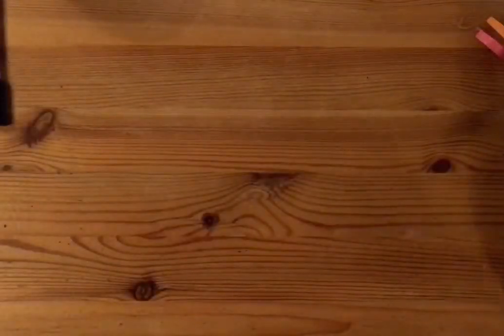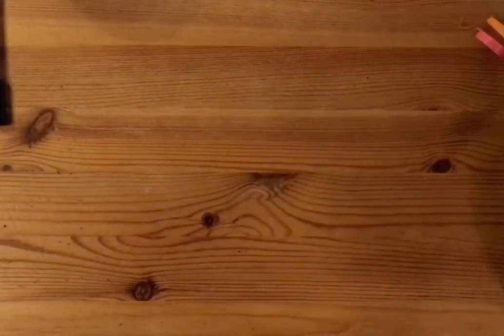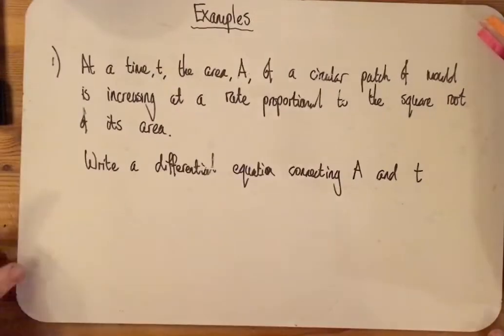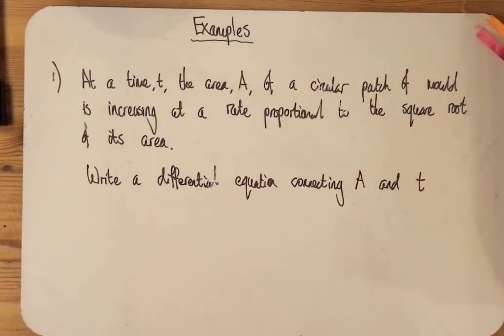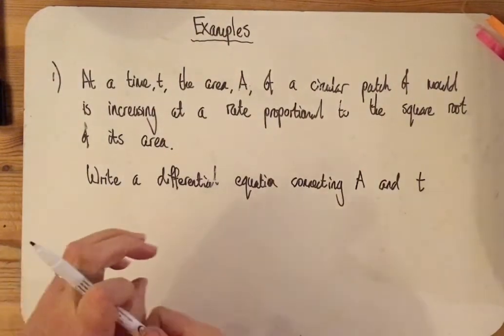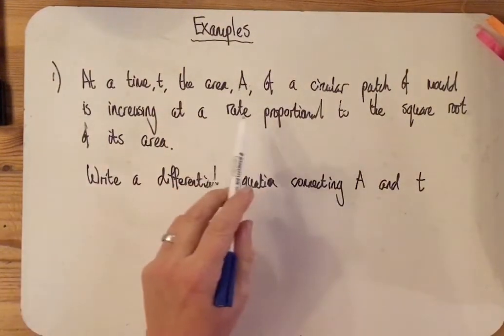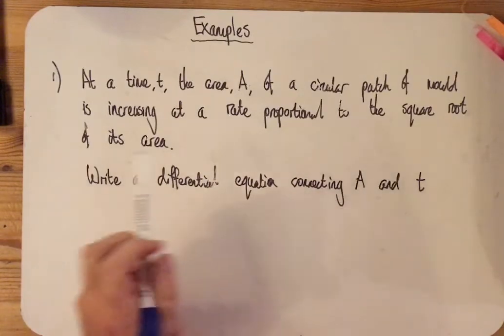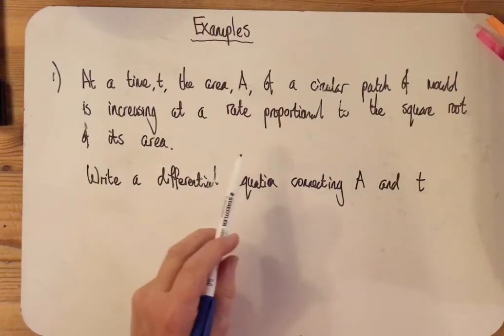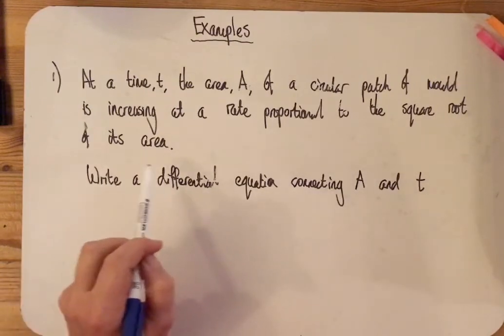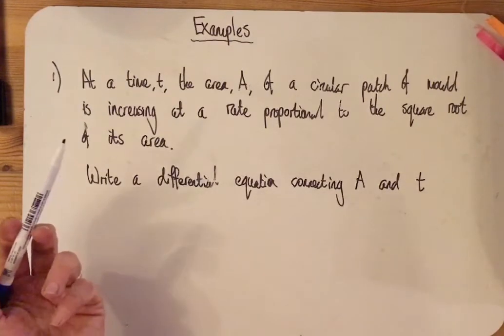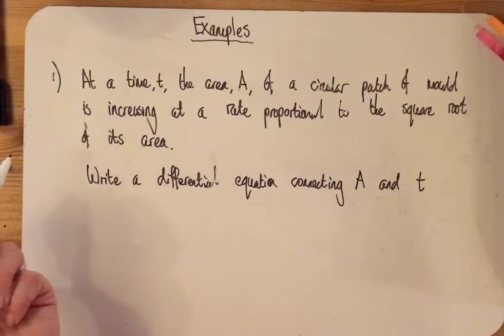So a few examples so you can get the hang of it. Apologies, lots of words on these, for algebra, as you can tell. At time t, the area A of a circular patch of mould is increasing at a rate proportional to the square root of its area. This is a typical maths real life example.